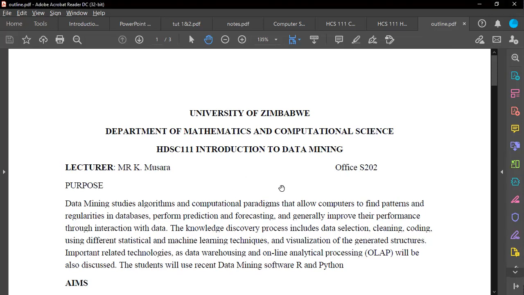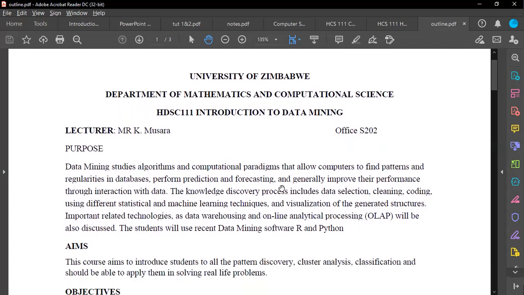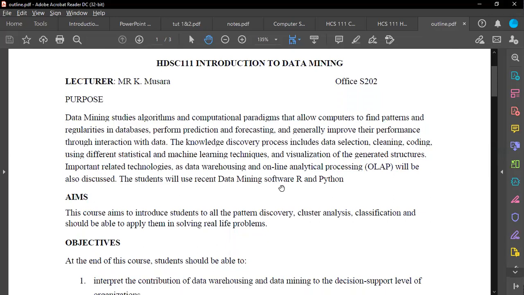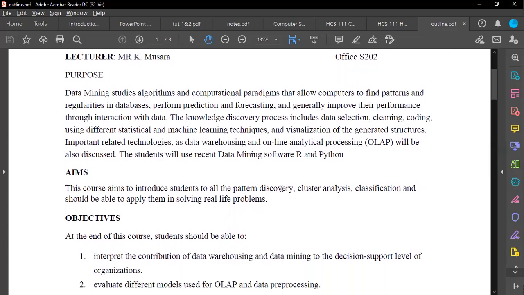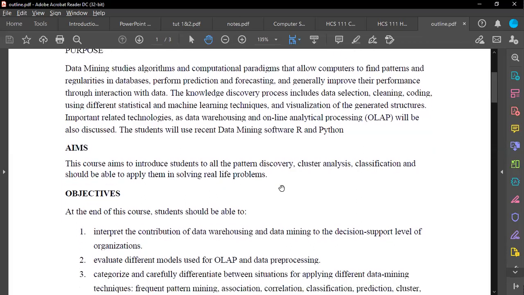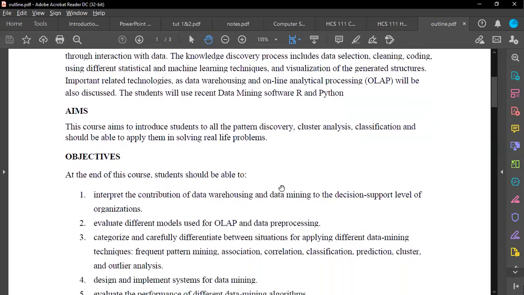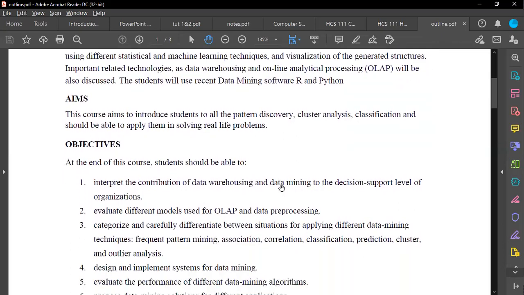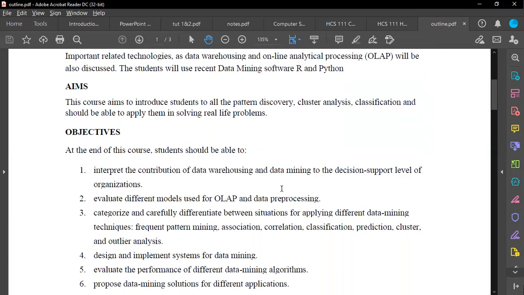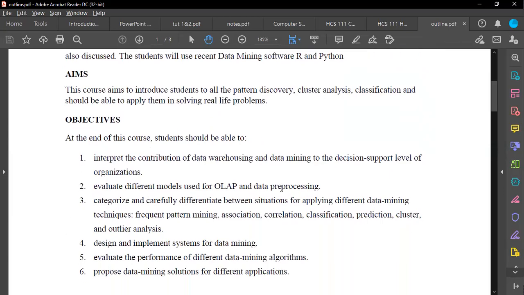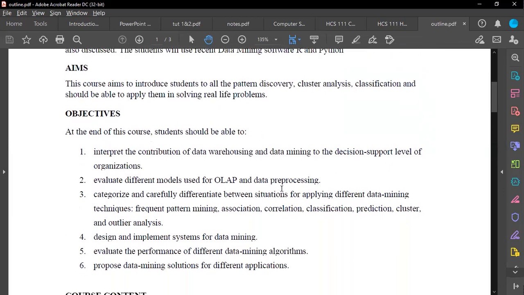Can you scroll down? So let's look at the aim of the course. The course aims to introduce students to pattern discovery, cluster analysis, and classification, and to apply them in solving real life problems.